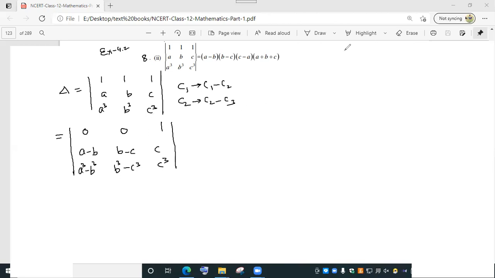Now you know the formula for a cube minus b cube.